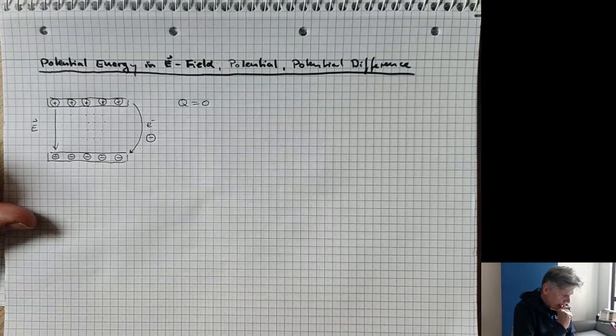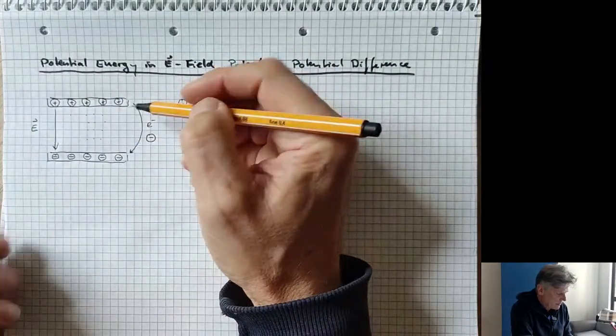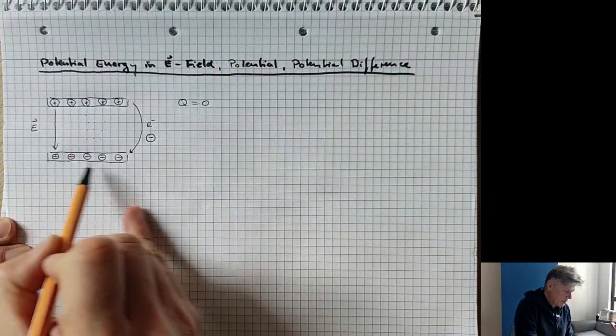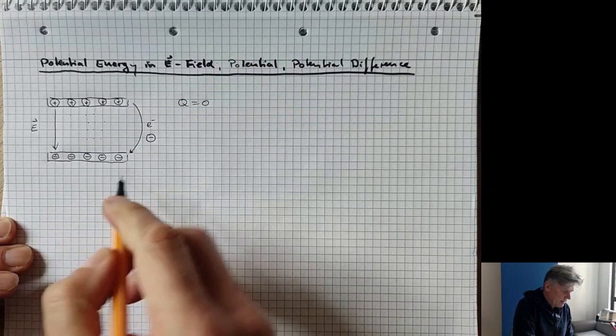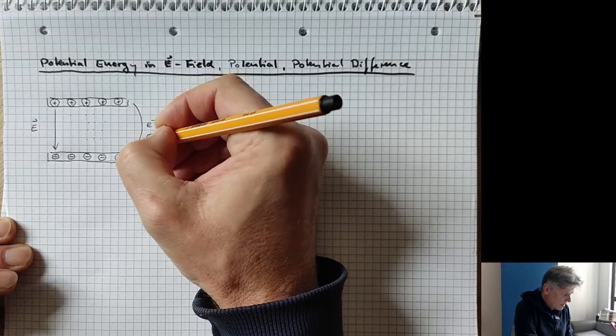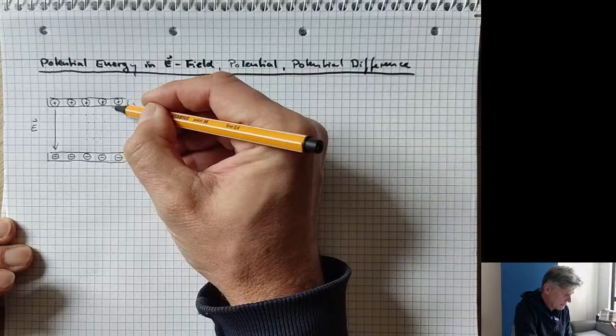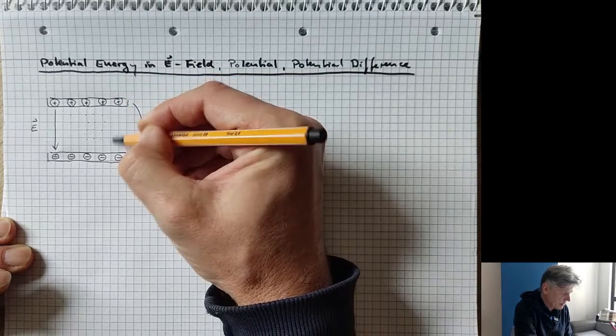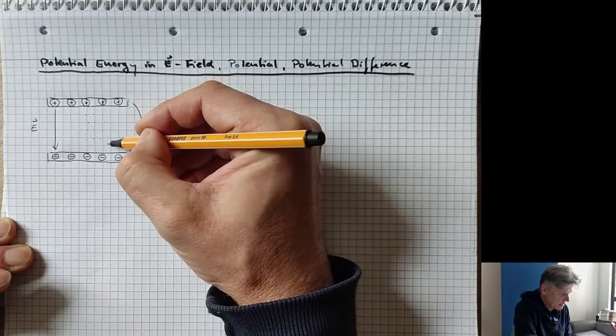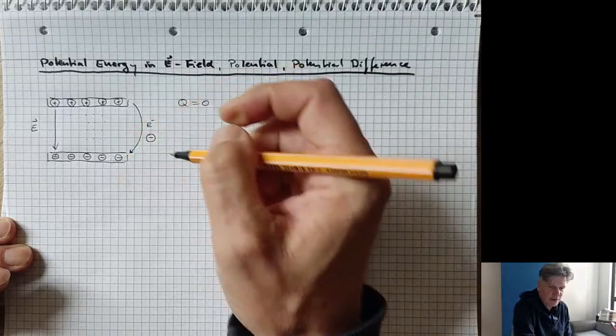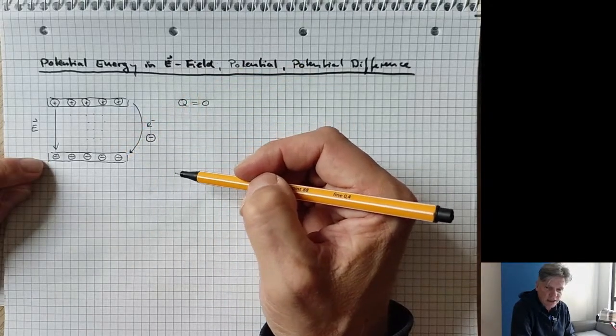It is known that when we have a negative charge already here, it's getting more and more difficult. You have to apply more and more force to drive another electron, or another negative charge, to the already negatively charged plate.